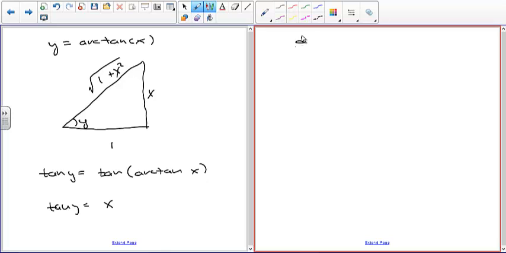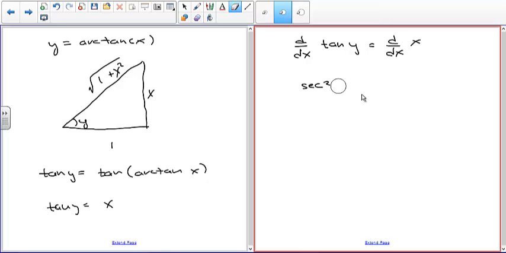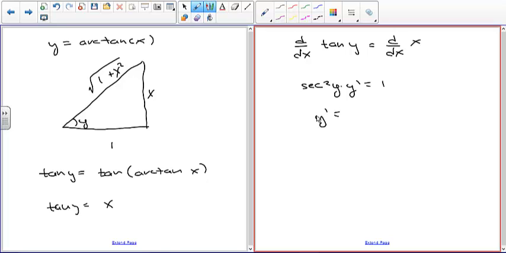And then we take the derivative of both sides with respect to x. So the derivative of the tangent is the secant squared of y, times y prime, and that is equal to 1. So y prime is equal to 1 divided by the secant squared of y.